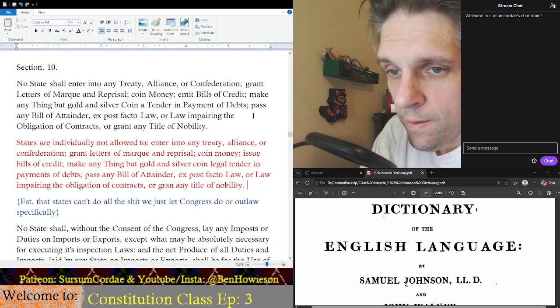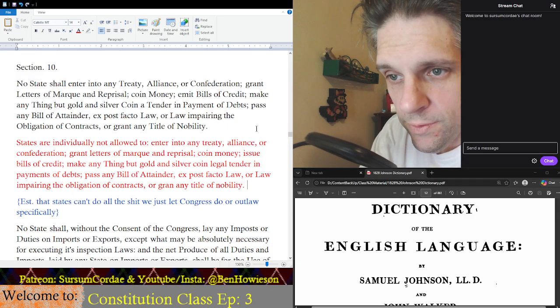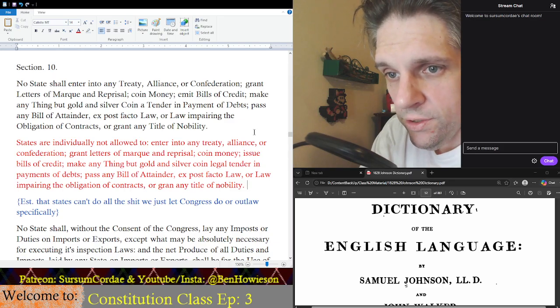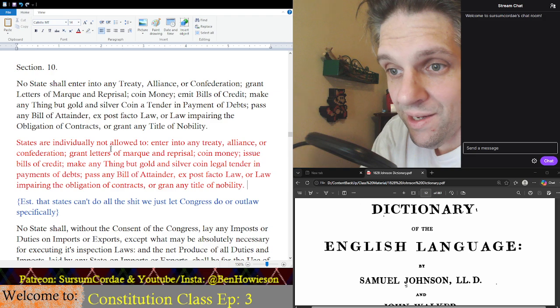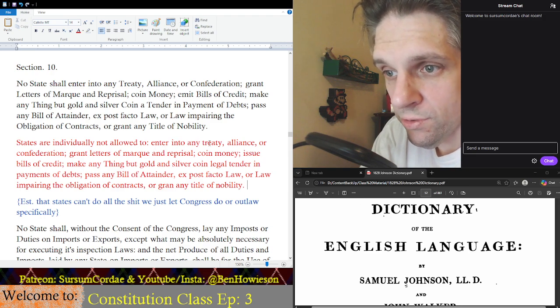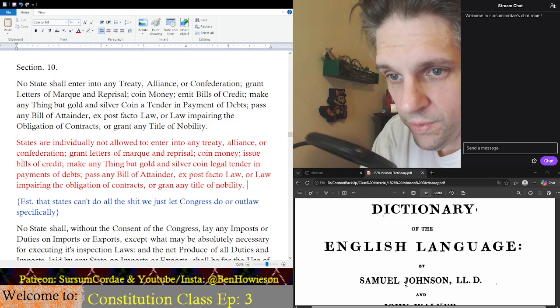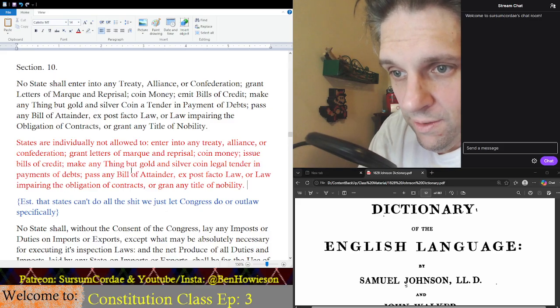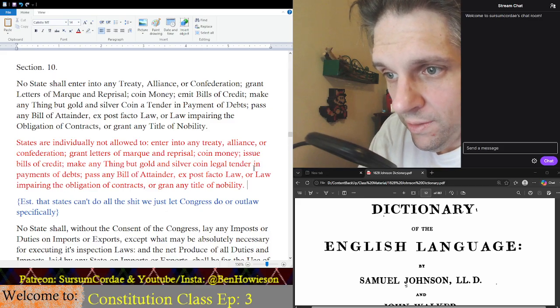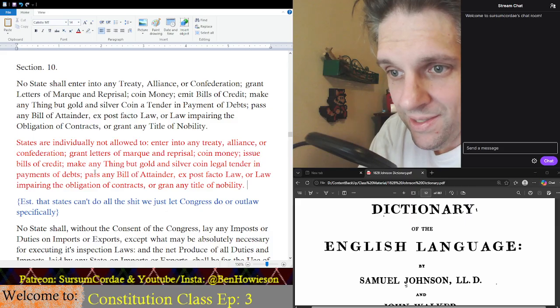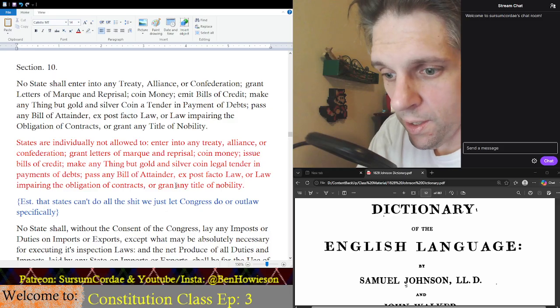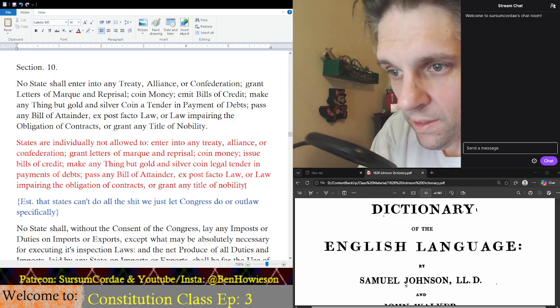Pass any bill of attainder, ex post facto law or law impairing the obligation of contracts or grant any title of nobility. States are individually not allowed to enter into any treaty, alliance, or confederation, grant letters of mark and reprisal, coin money, issue bills of credit, make anything but gold and silver coin legal tender in payments of debts, pass any bill of attainder, ex post facto law or law impairing the obligation of contracts or grant any title of nobility.